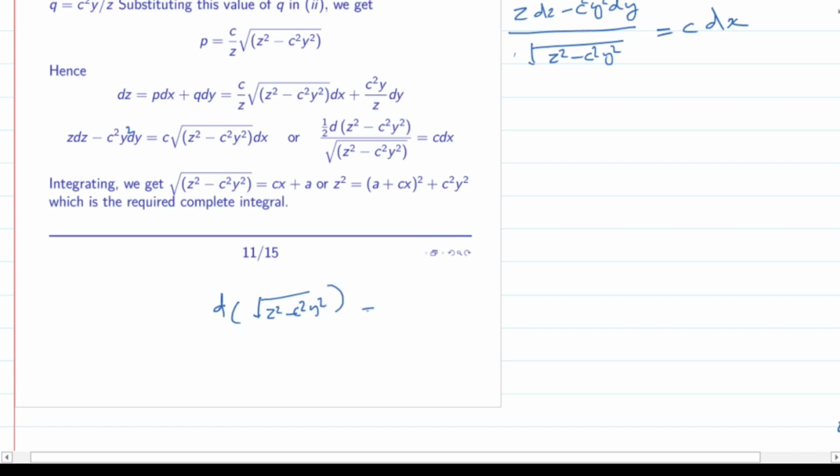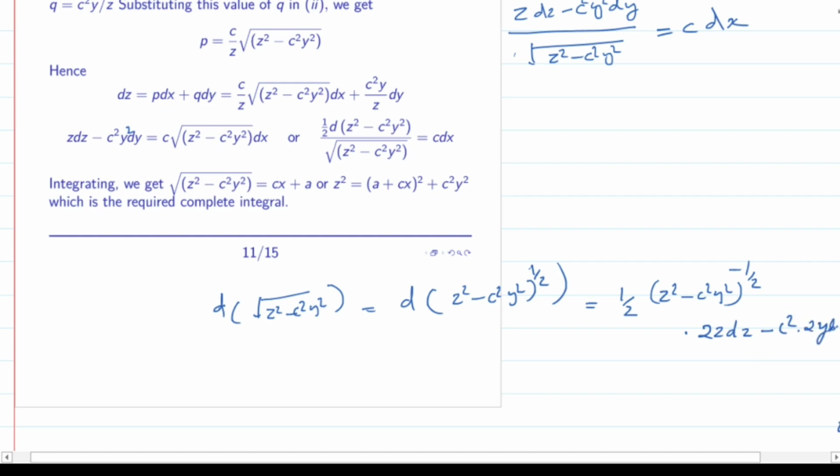This is nothing but the derivative of z square minus c square y square power 1 by 2. This is equal to 1 by 2 into z square minus c square y square power minus 1 by 2 into the derivative of the function inside, that is 2 z dz minus c square into 2y dy.